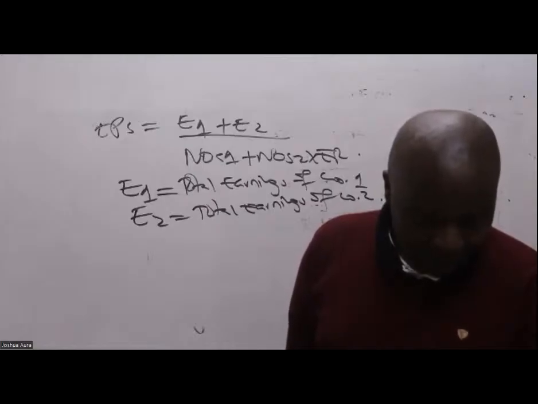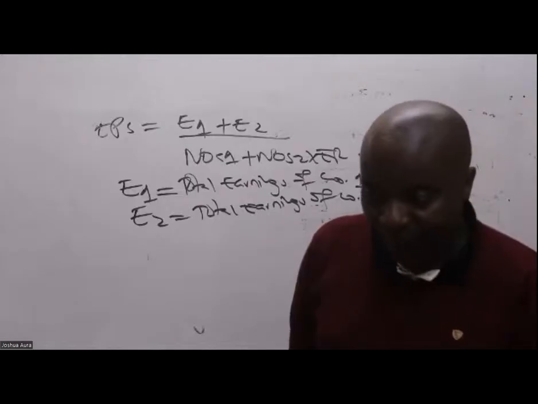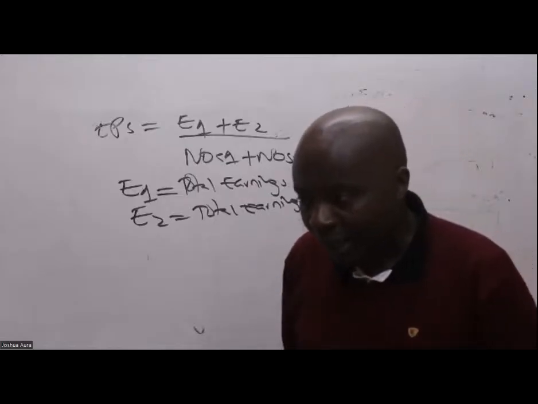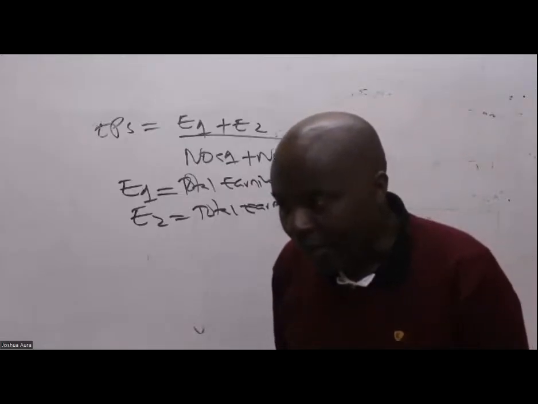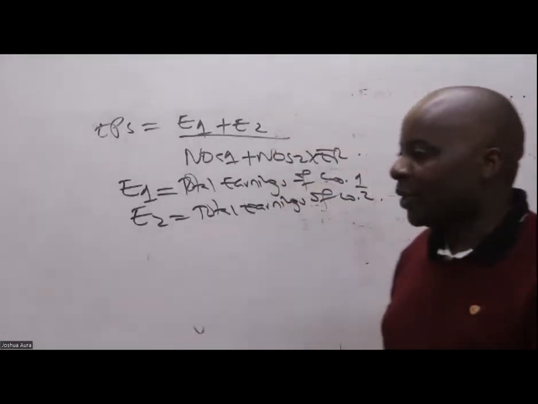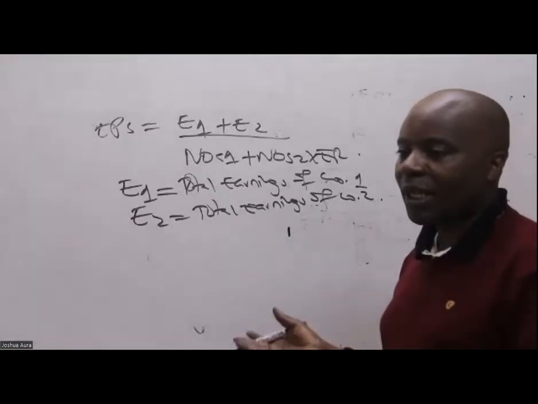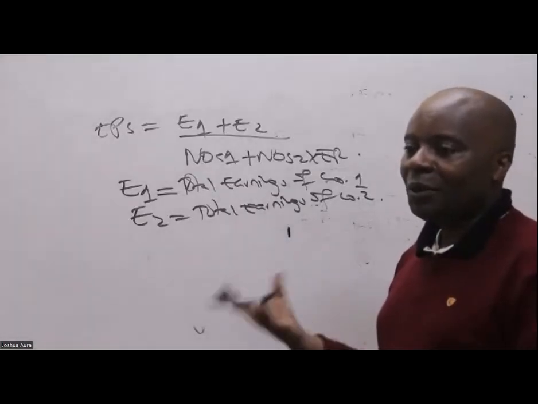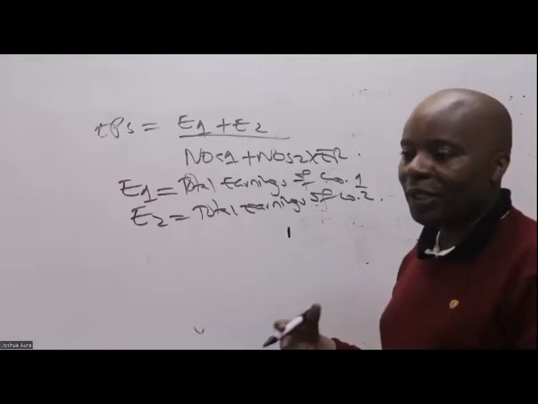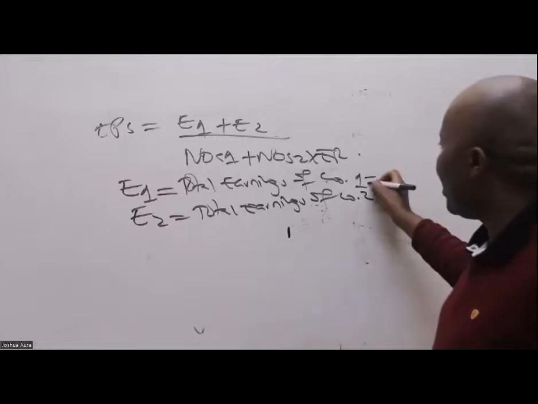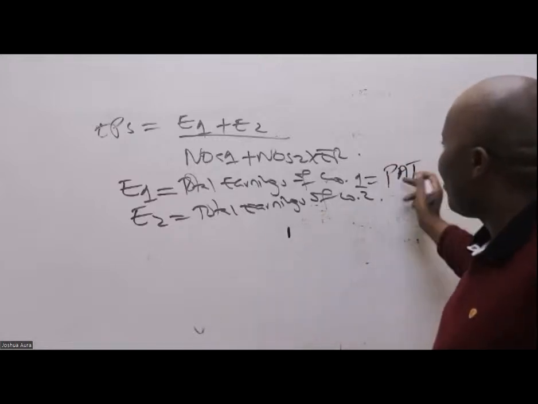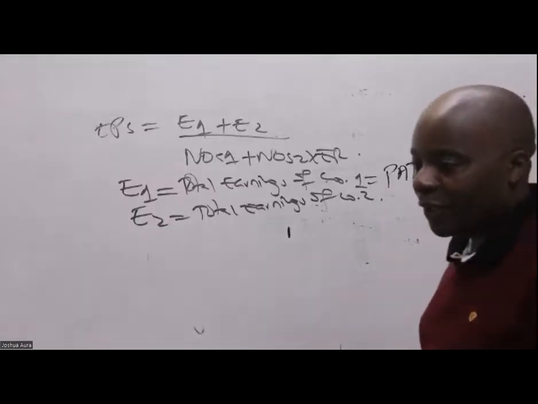Earnings attributable to ordinary shareholders in financial reporting are profits after tax. So he said here EPS equals PAT, equals profit after tax.